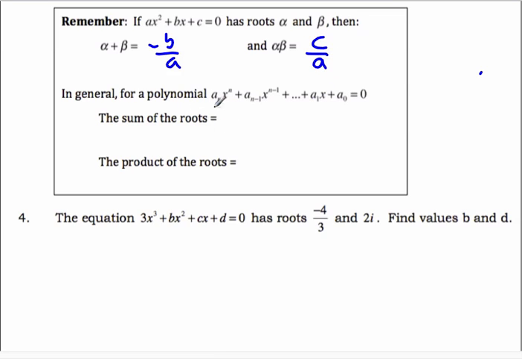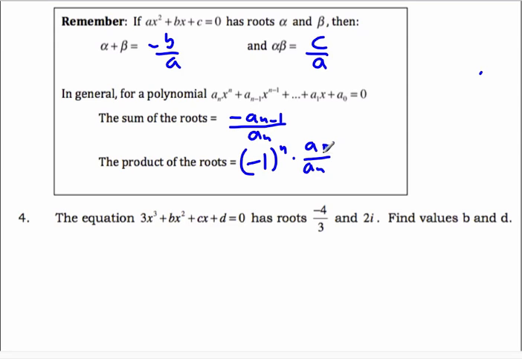In general, for any polynomial, you can do something similar. The sum of the roots is -a sub n minus 1 over a sub n, the coefficient in front. And for the product of the roots, it's always going to be equal to -1 to the power of n times a0 over an. So recall that.